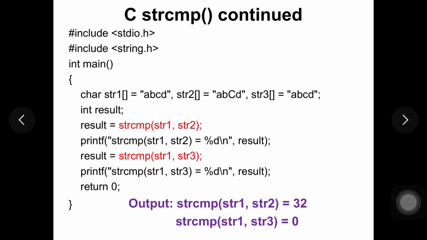In the second case, you are comparing the two strings, string 1 and string 3. String 1 is ABCD and string 3 is also ABCD. The ASCII values of ABCD and ABCD are all the same here. So whenever you take a difference of these, obviously the result will be 0.